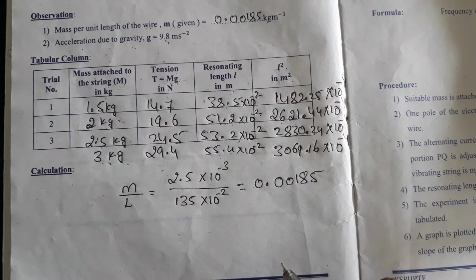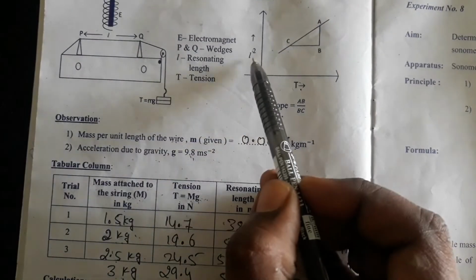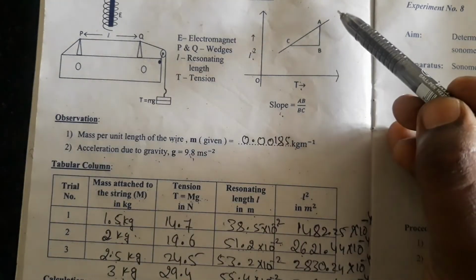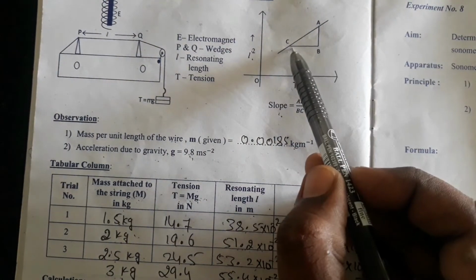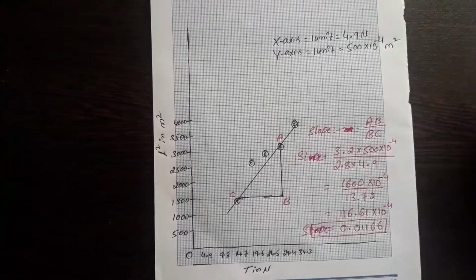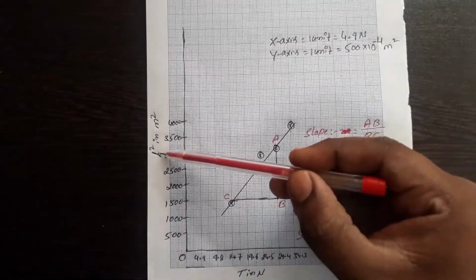That's all. After that, what do we do, sir? Now we are going to plot a graph, tension versus L square. We get one straight line and find out the slope, then substitute into the formula. This is the graph using the readings of tension and L square.